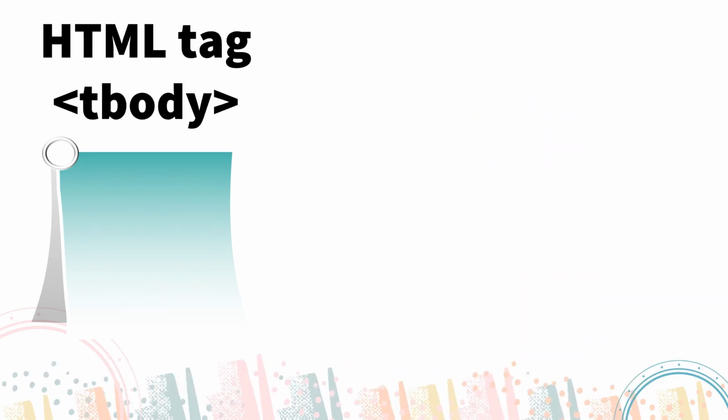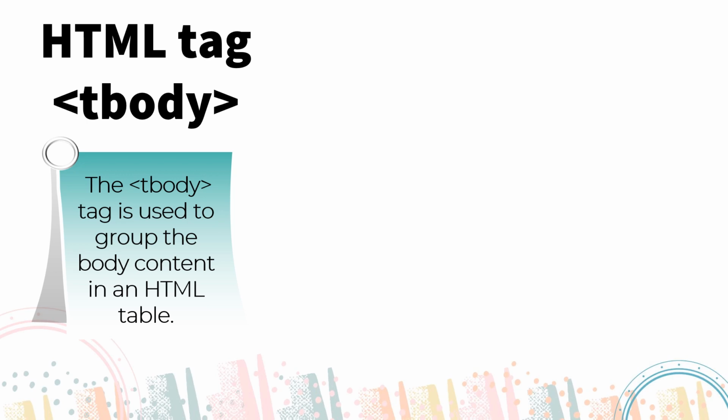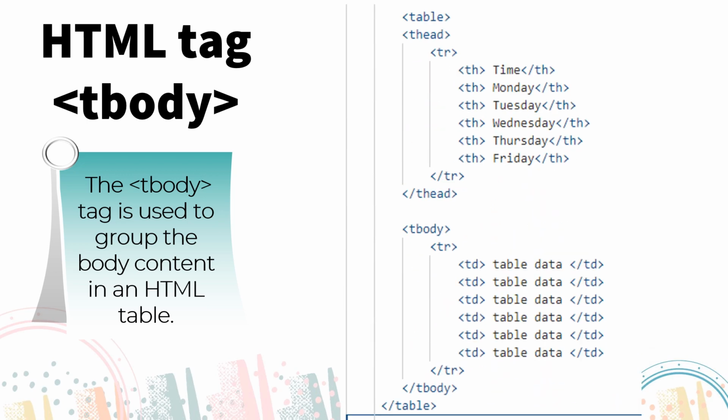Okay, so what is T-body? A T-body tag is used to group the body content in an HTML table. Let's take a look at this one. Here I have the T-body tag. Right after T-body, there is a TR tag, and then right after the TR tag, there are 6 TD tags.